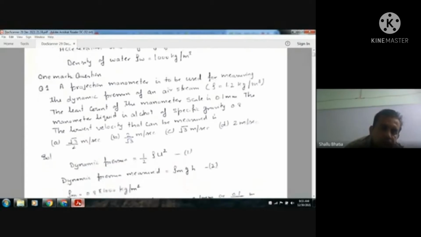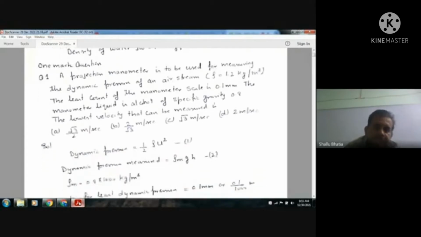So first of all, question one. A projection manometer is to be used for measuring dynamic pressure of an air stream, rho 1.2 kilogram per meter cube. The least count of the manometer scale is 0.1 mm.